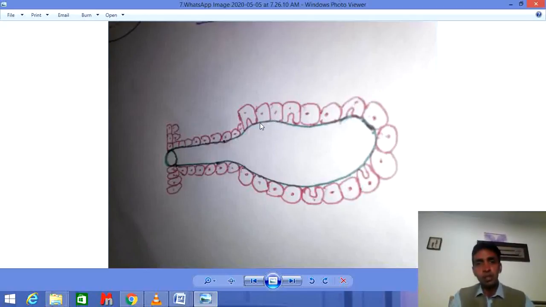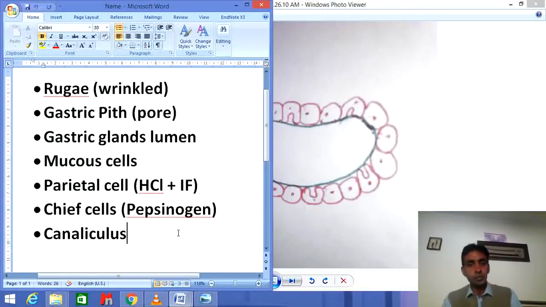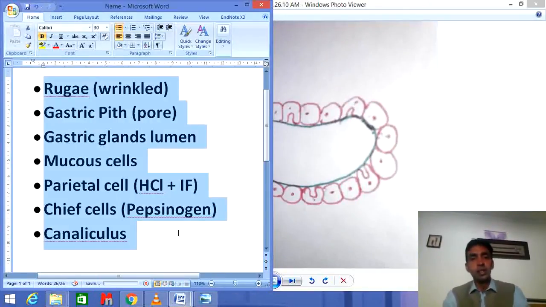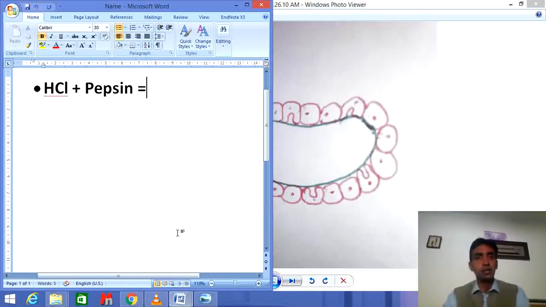After secretion of pepsinogen from the chief cell and secretion of HCl from the parietal cell, this HCl combines with the pepsinogen and activates it, converting the pepsinogen into pepsin. You should be clear that HCl and pepsinogen combined together make pepsin.